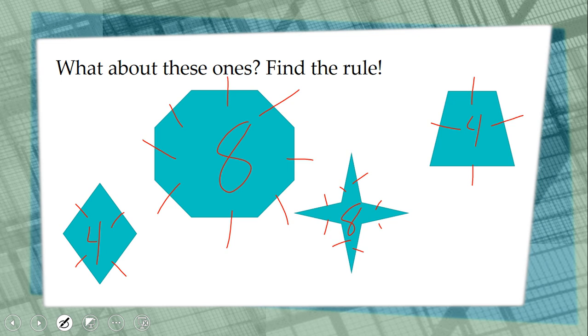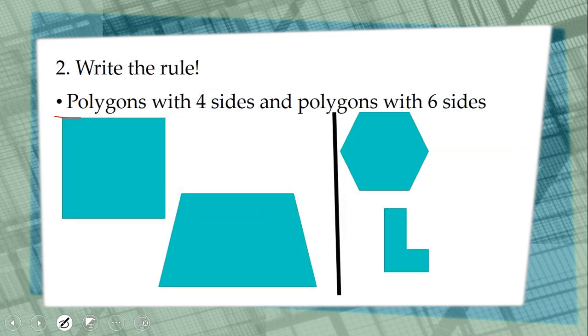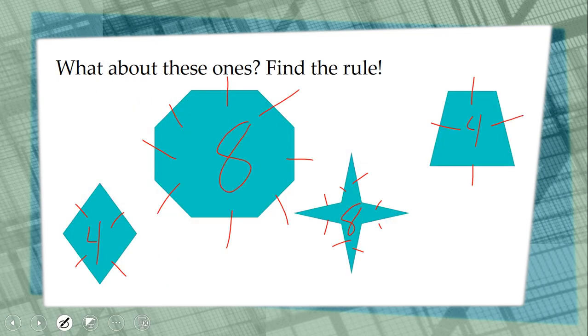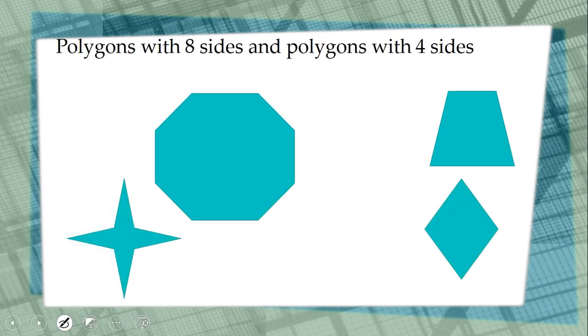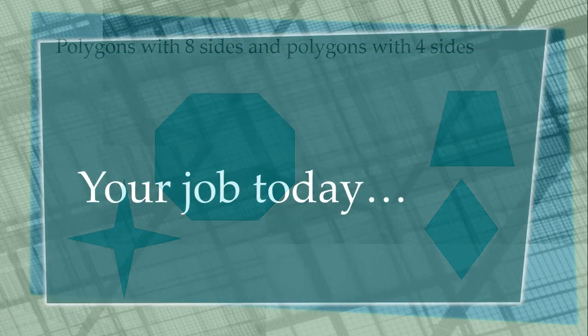So in your head, say the rule that you think it is. And remember our rule on this page. Hopefully you said polygons with 8 sides and polygons with 4 sides. That is our sorting rule, okay?